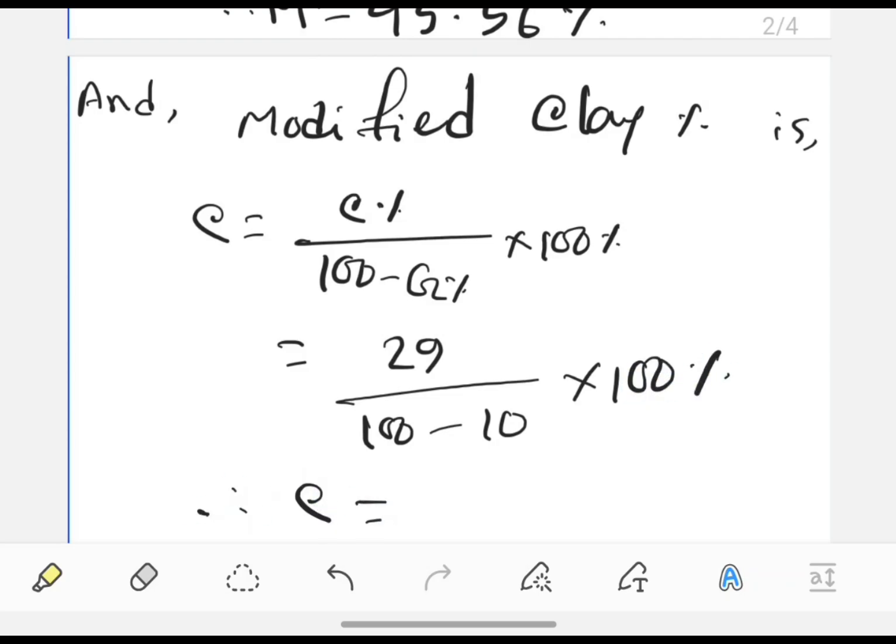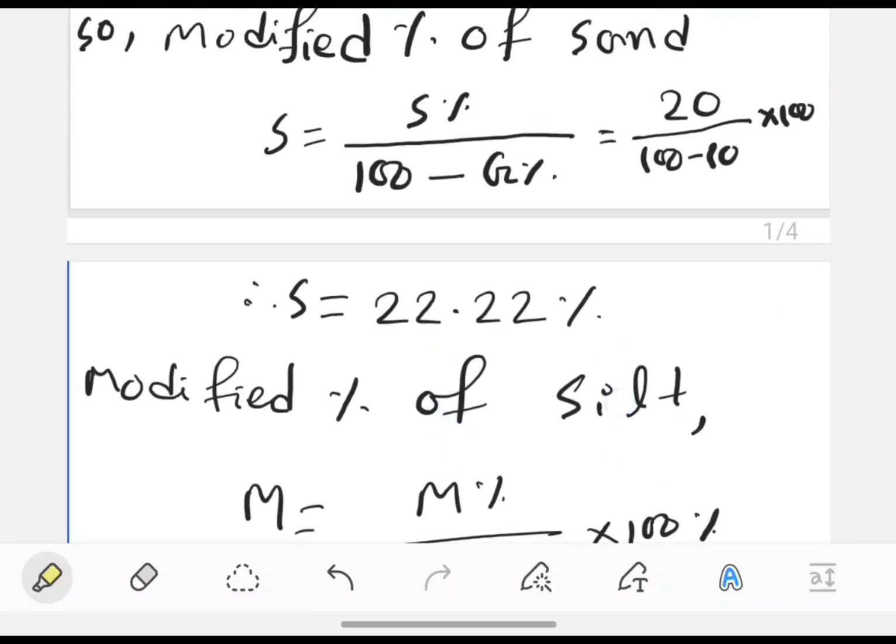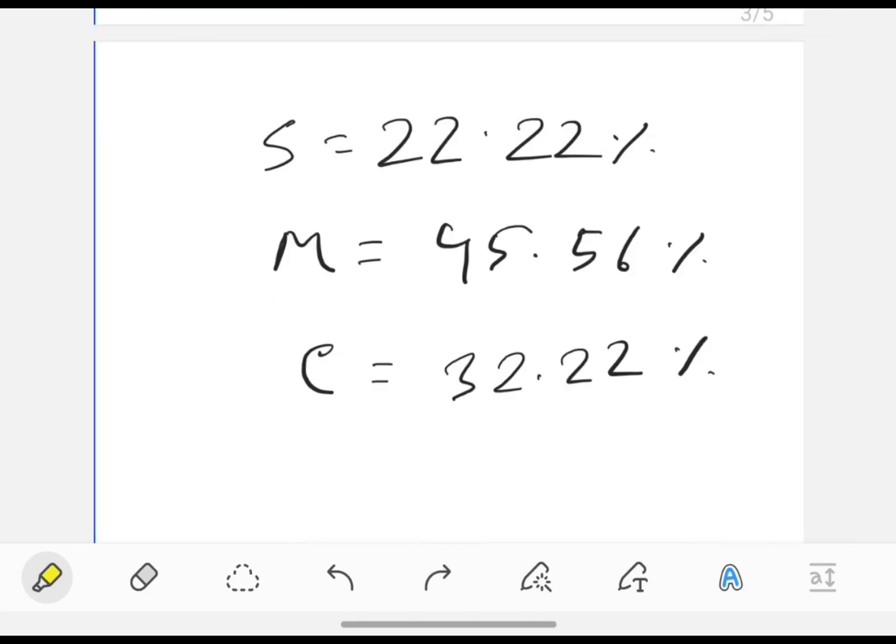So modified clay percentage will be 32.22%. We get modified clay percentage is 32.22% and modified silt percentage is 45.56% and modified sand percentage is 22.22%. So let's classify the soil.